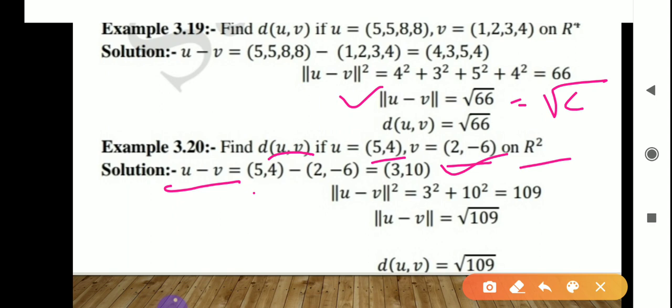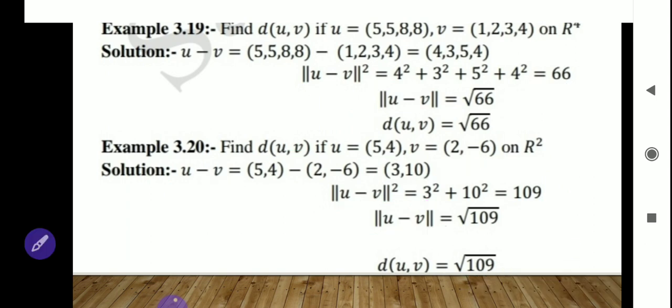Okay, so the norm of u minus v whole squared is 3 squared plus 10 squared, where 3 squared is 9 and 10 squared is 100, which is equal to 109. Therefore the distance between u and v is equal to the norm of u minus v, which is equal to the square root of 109. So the distance is root of 109.